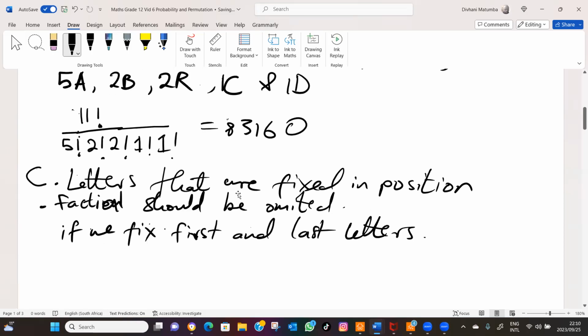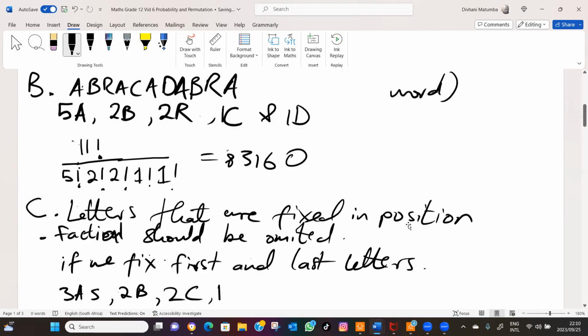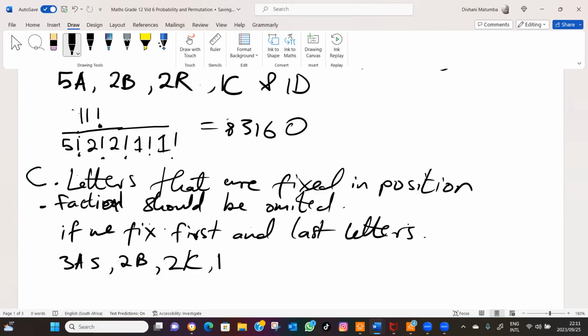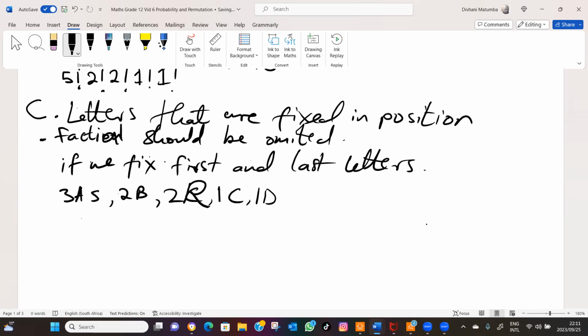So we'll now have 3 A's instead, then the others will be the same: 2 R's, 2 B's, 1 C, 1 D. The number of letters will change as well, so we'll have 9 factorial, because we have reduced by 2.